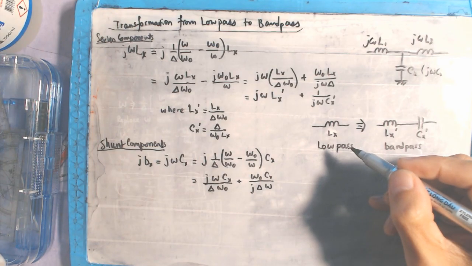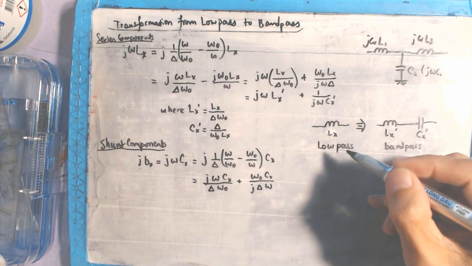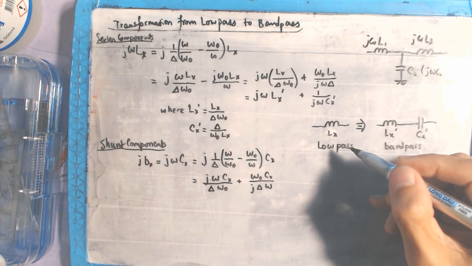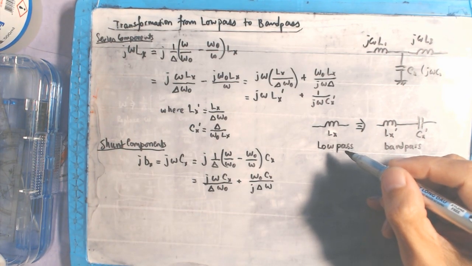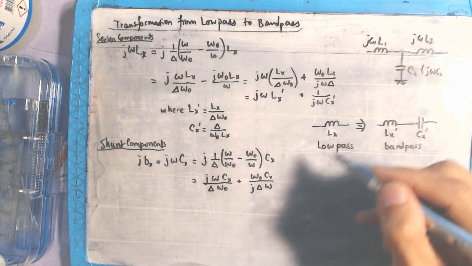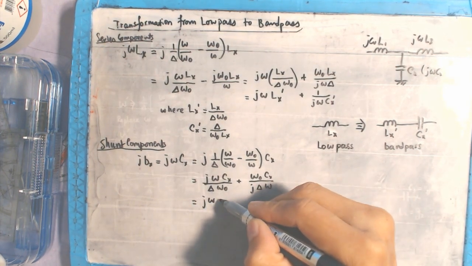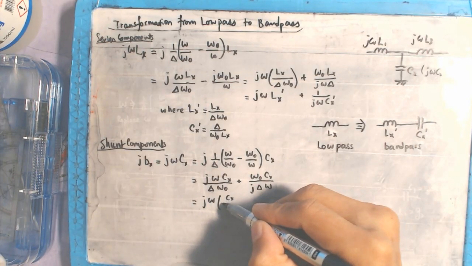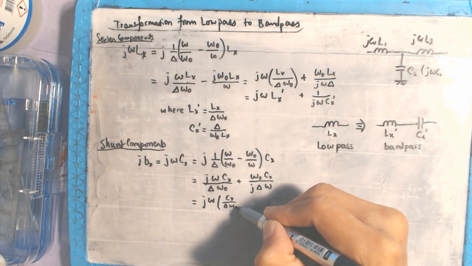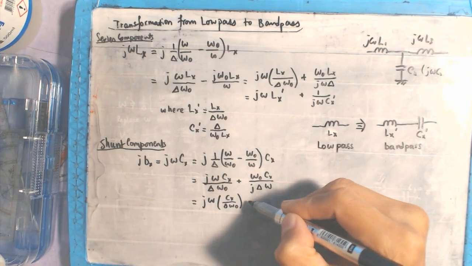Remember, this is a susceptance. So very obviously, this one can be grouped, and this one can also be grouped.